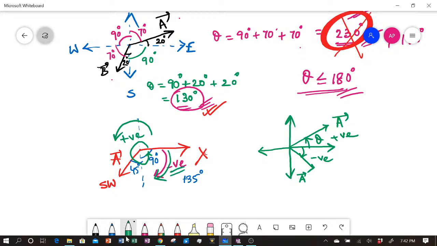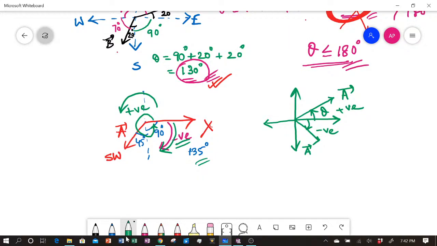Please be careful of this thing. I have mentioned this in a previous video where I solved a problem on vectors.